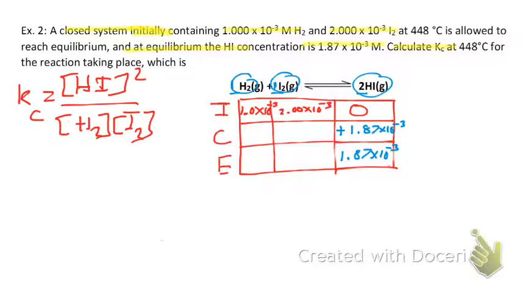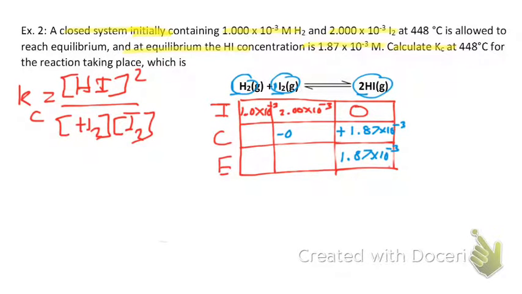So what that would entail would be negative 0.935 times 10 to the minus 3. Okay? So all we're saying is we're taking 1.87 times 10 to the minus 3, and we're going to divide that by half because of the ratio.